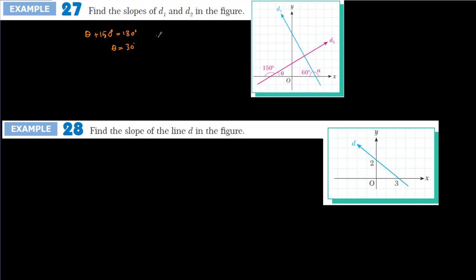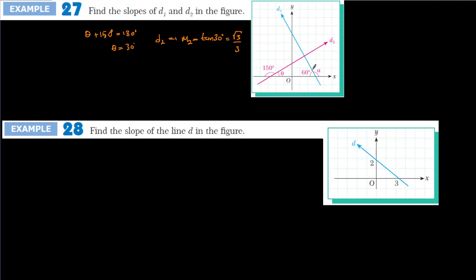For D2, M2 is equal to tangent 30, which we found on the previous page, root 3 over 3.